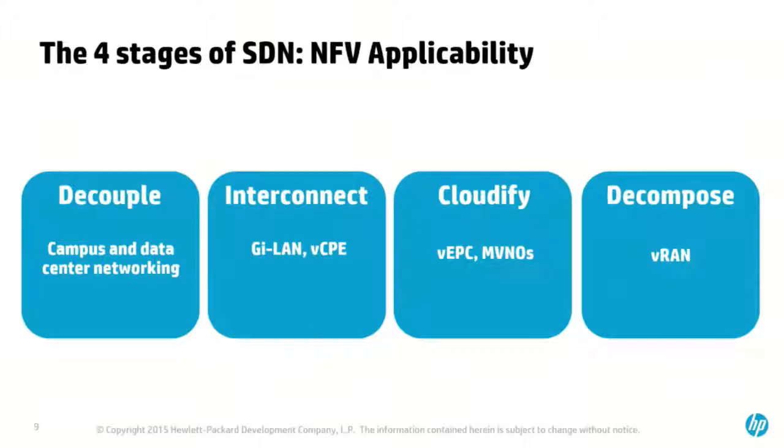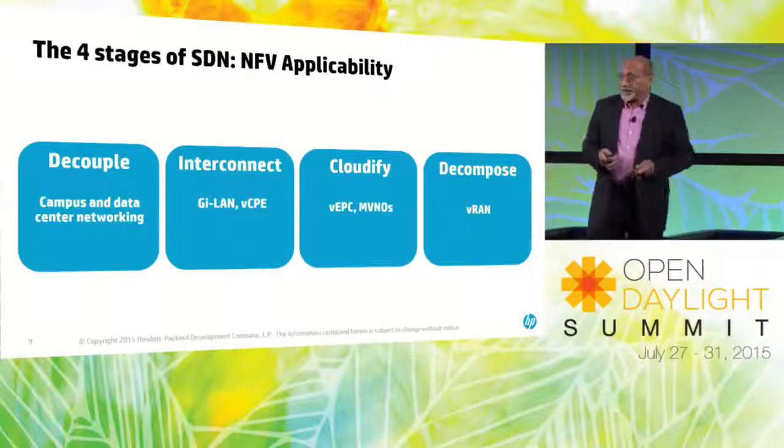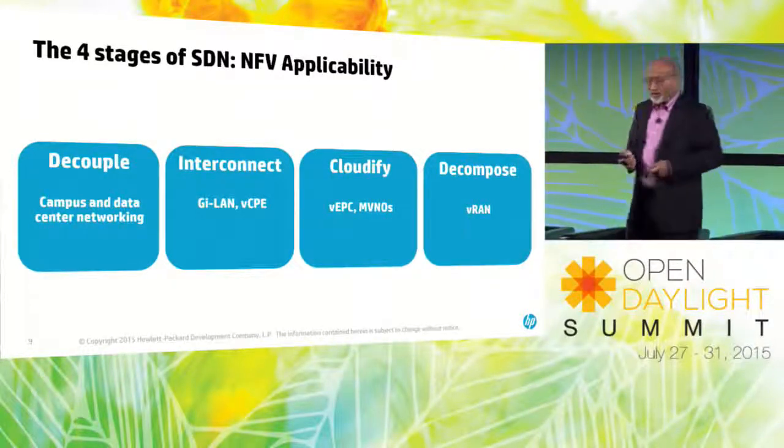You can start to do virtual CPE kind of functions. But to truly gain the value of this for NFV, when you get to more complicated use cases like virtual EPC or MVNO, by actually instantiating mobile virtual network operators, that requires the Cloudify phase.